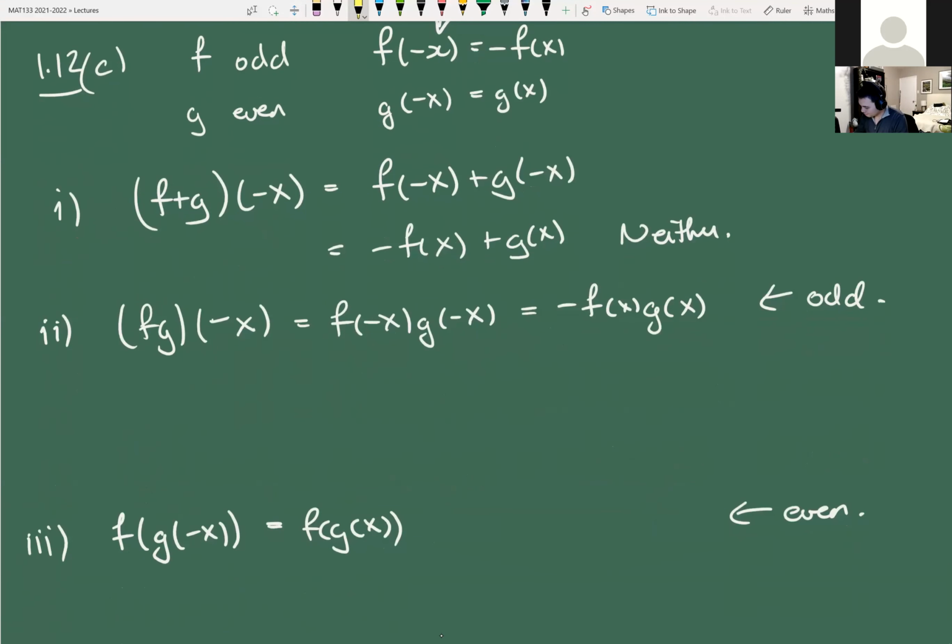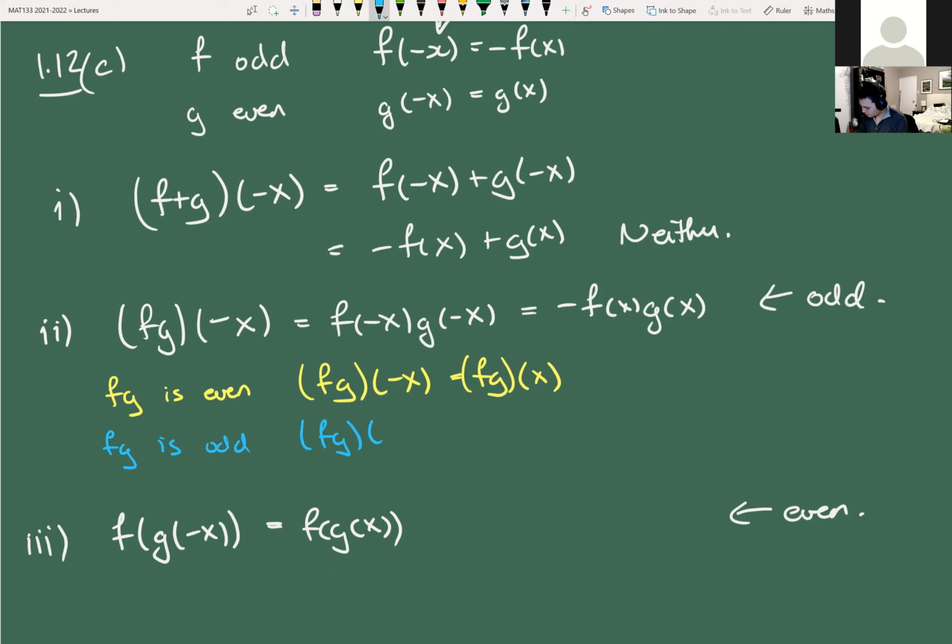So if fg is even, then we should get that fg of negative x is fg of x, right? And if it's odd, fg of negative x equals negative fg of x, right?